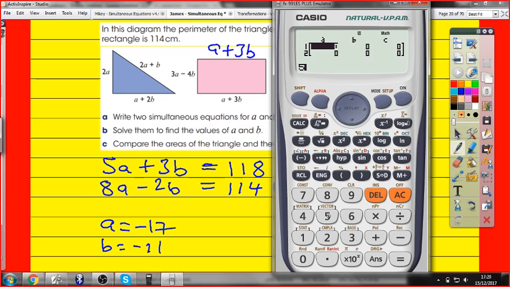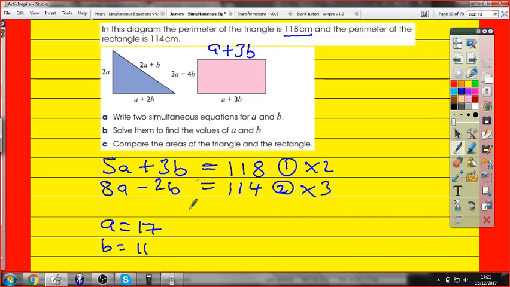What is the area of the rectangle? How would you get that? I have no idea. Well, A is 17 and B is 11. Yeah. So what would be the base?